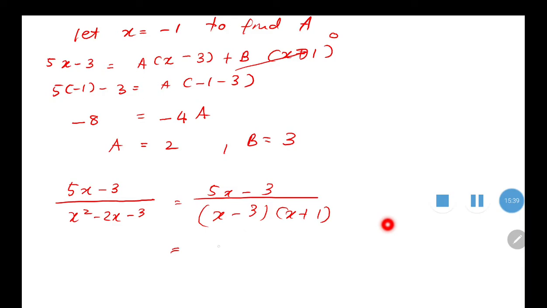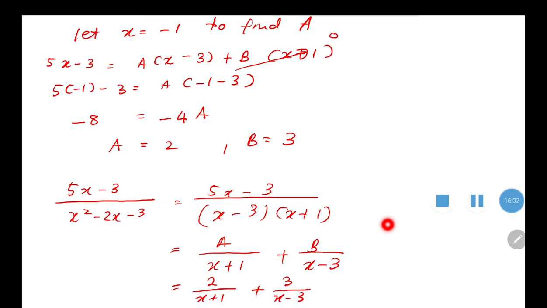So a is over x plus 1, where b is over x minus 3. So what is a? a is 2 over x plus 1 plus b is 3 over x minus 3. So that is how you do a partial fraction.